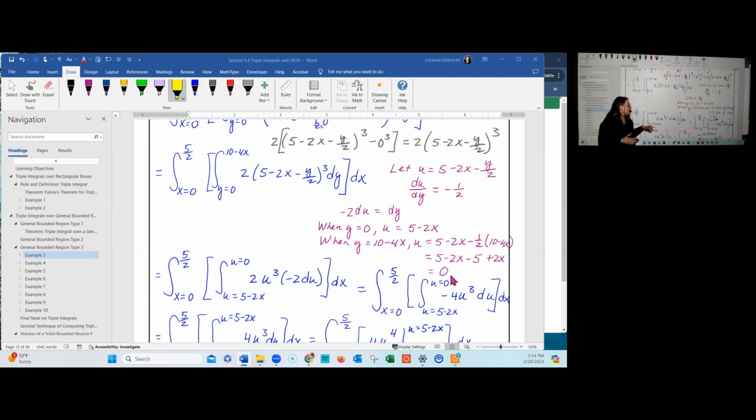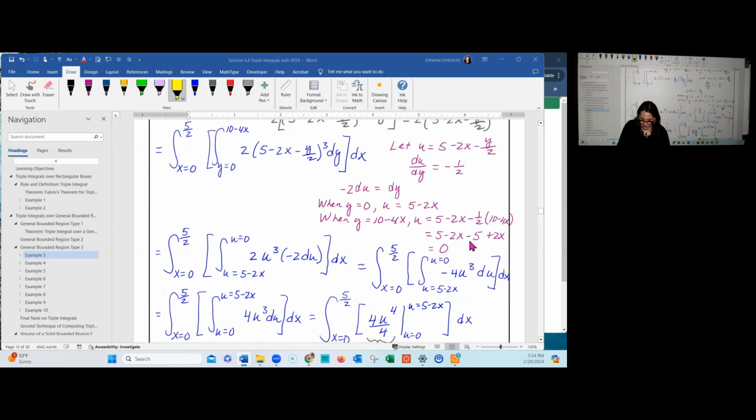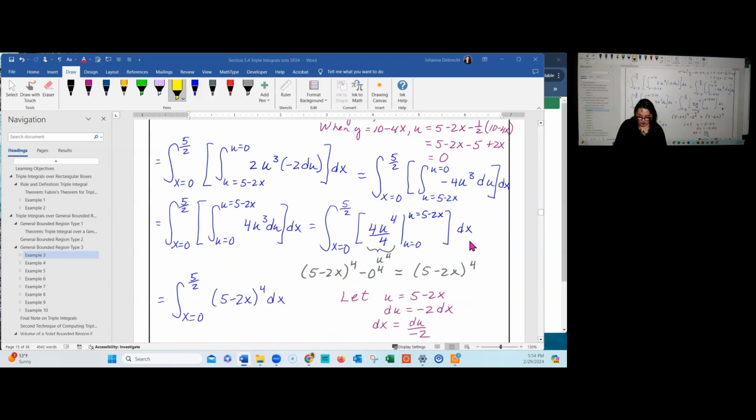Now, because we have a negative, and because the limits of integration kind of look backwards, we could take care of the order of the limits of integration and the negative in one step. By switching the limits of integration from 5 minus 2x to 0, to 0 to 5 minus 2x, we take off the negative on the integrand and it becomes 4u cubed.